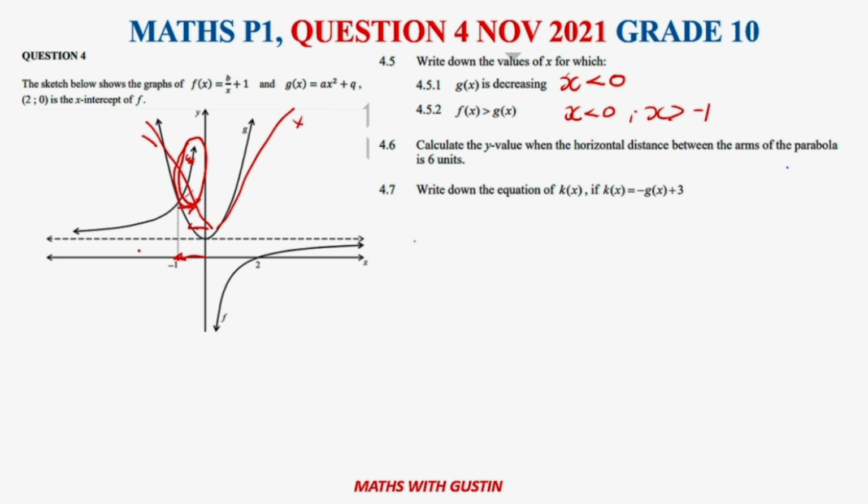All right. Okay, and then calculate the y values when the horizontal distance between the two arms of the parabola equals 6. So now this is question 4.6.